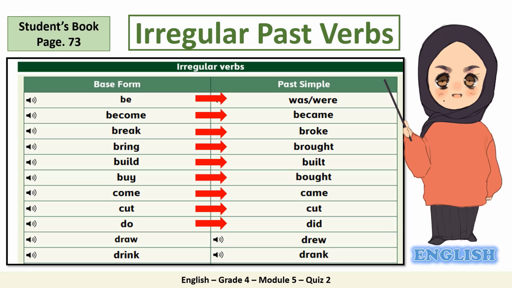Do, did. Draw, drew. Drink, drank. Have a look at the verbs in the past simple tense. They are totally different. They do not end up with ed or ied or d. That's why we call them irregular past verbs.